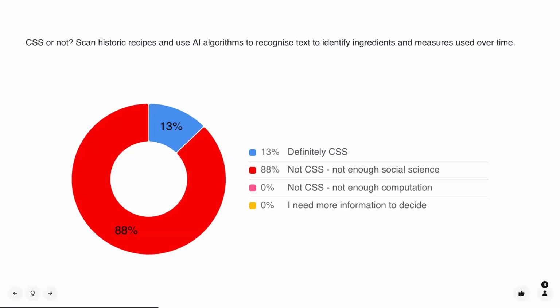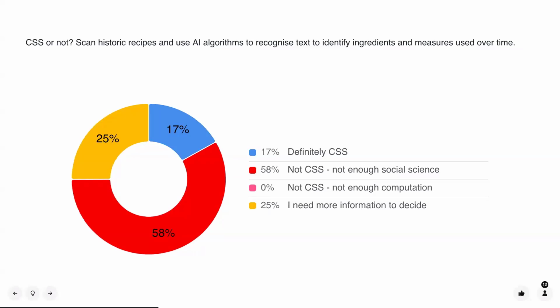It's interesting that no one's put that there's not enough computation, because we definitely do have computational methods being used here, right? We've got AI algorithms. But I suppose an issue could be that it doesn't seem to be a social science project. We're not really seeming to be asking any questions about people's behavior and choices.